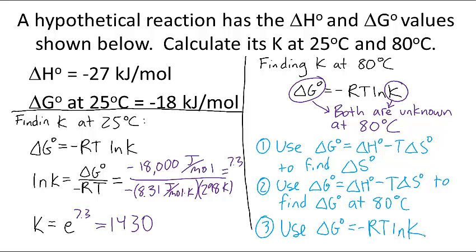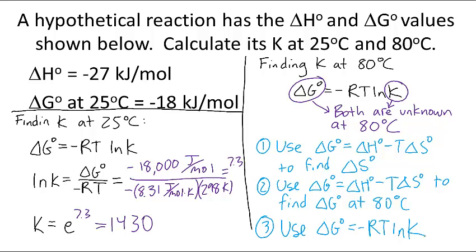So it's a little more complicated. There's a few more steps. And it stems from the fact that you can't just use the same delta G naught value at 80 degrees Celsius as you did at 25. Yeah, so the question is, is this a general process?